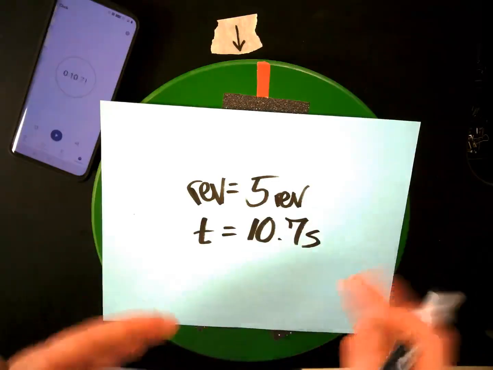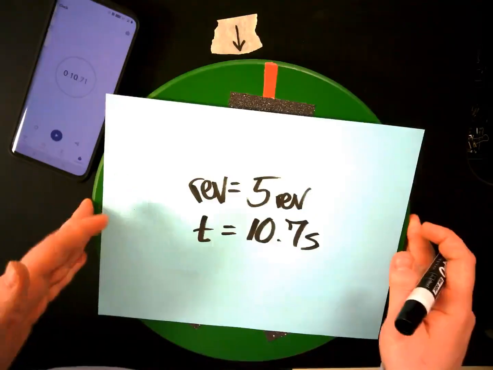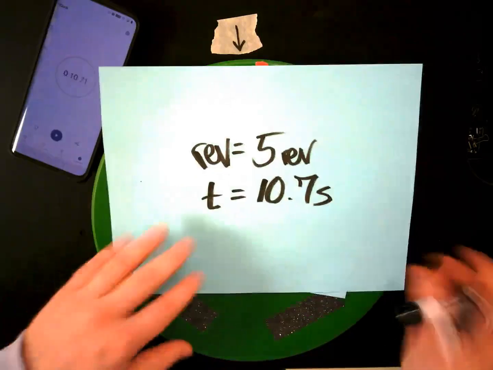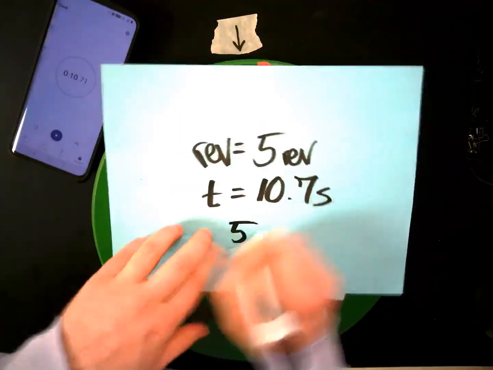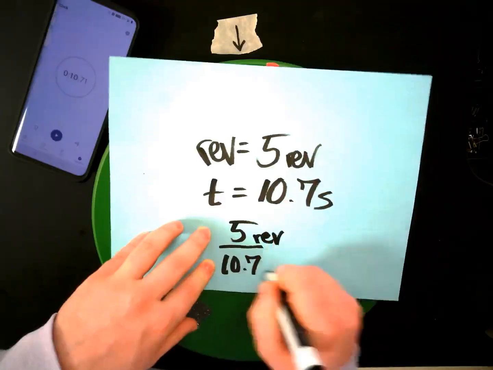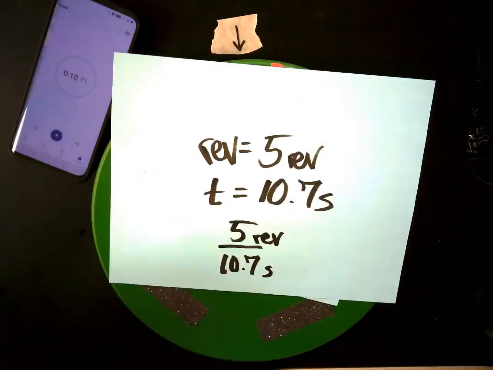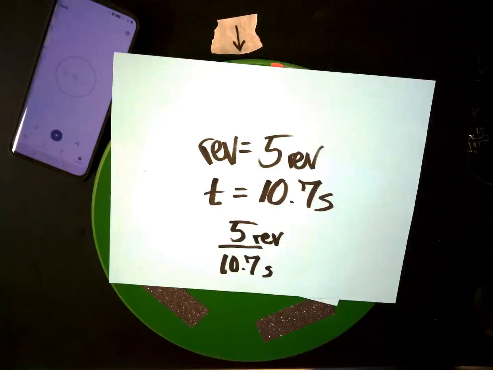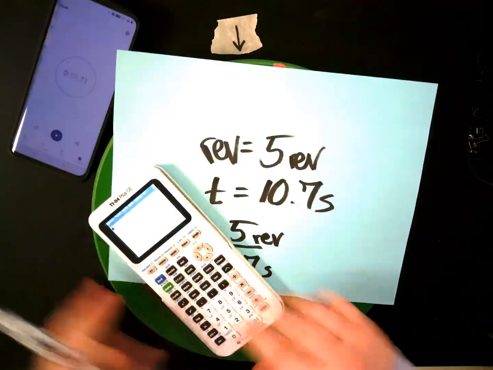So if we want to know the frequency that I was moving this rotating table at, it would be 5 over 10.7, because it's revolutions over seconds. And roughly speaking, it would be somewhere about half.